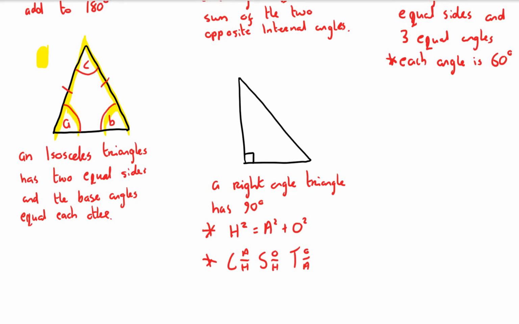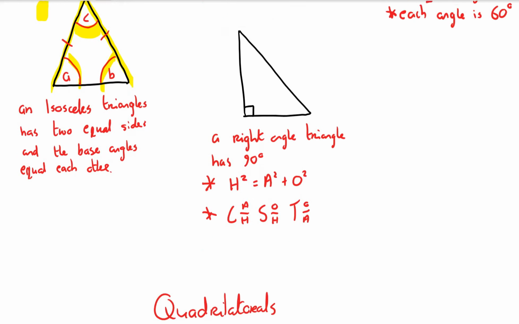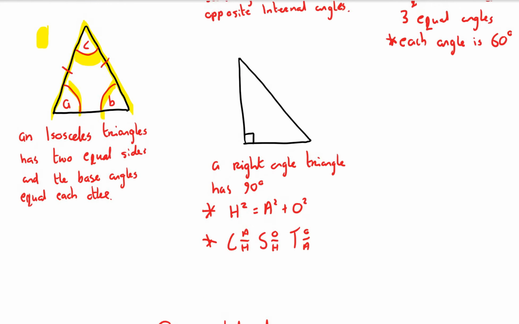A good way to remember which angles are equal is the angle that both of these equal sides run into. They're both running into that angle, so that's not the same. The other two are. And lastly, a right angle triangle has 90 degrees. When we're dealing with right angle triangles, we'll be dealing with Pythagoras' theorem and the 3 trigonometric ratios, cos, sin, and tan.